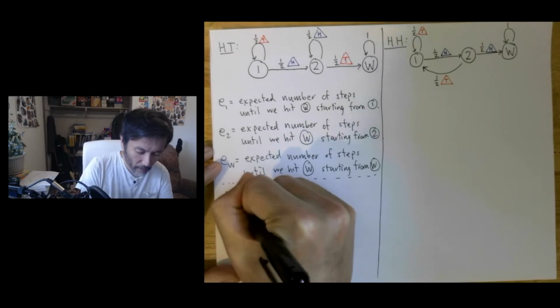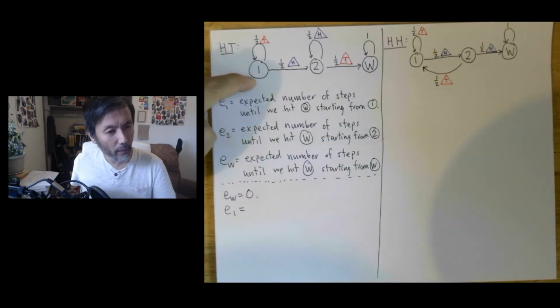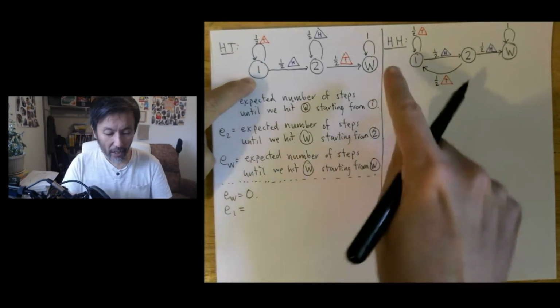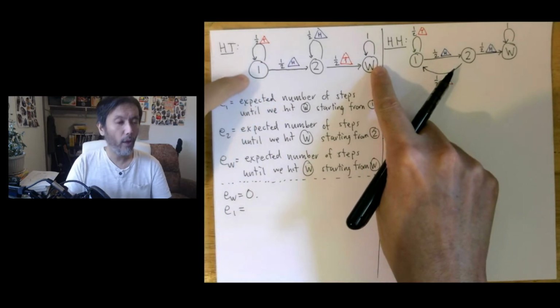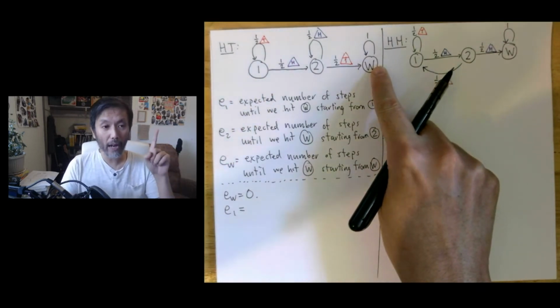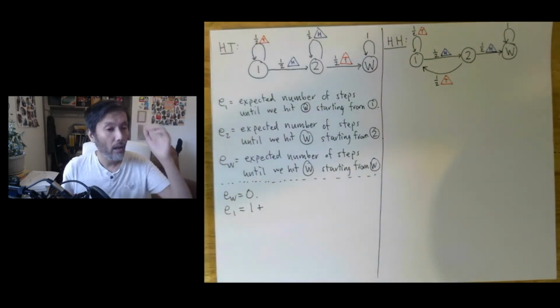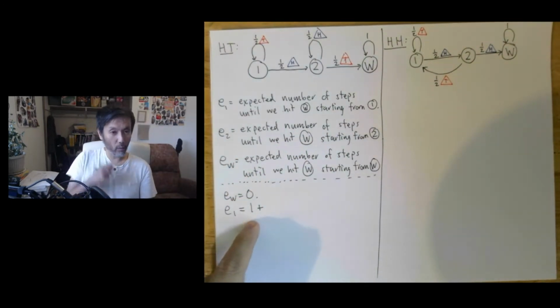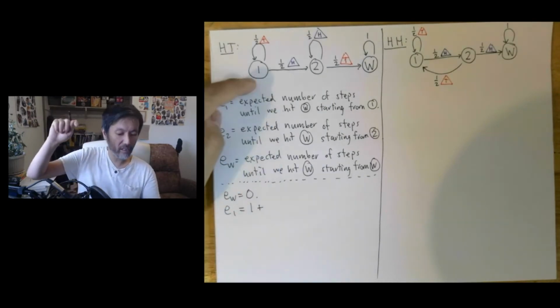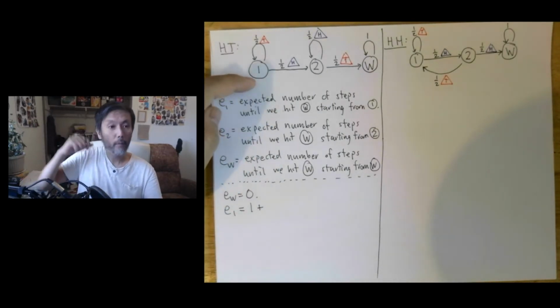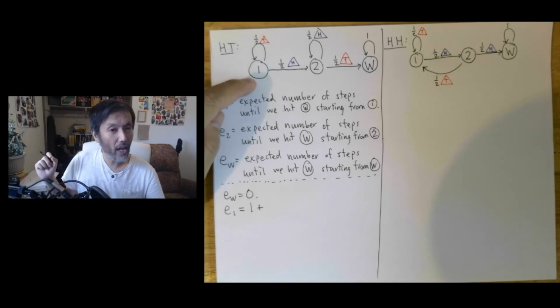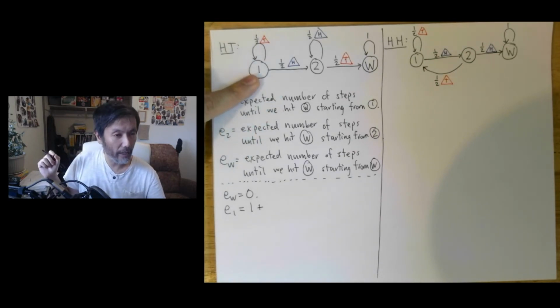So E1, the expected number of steps to get into W from 1. Well, certainly we're going to need to have at least one step. And so I'm going to write a 1 plus here. All right. That 1 representing the one step that we need to leave state 1. Now, 50% of the time, we stay in state 1, right?